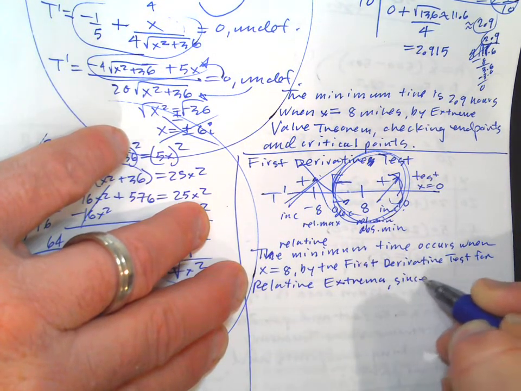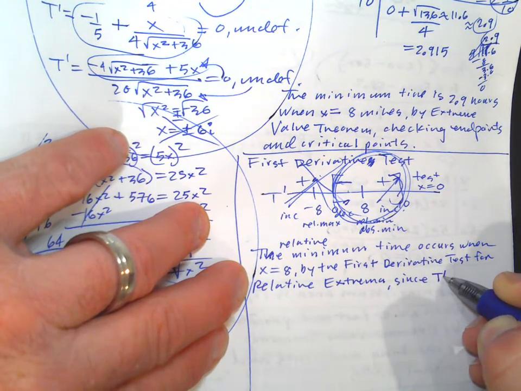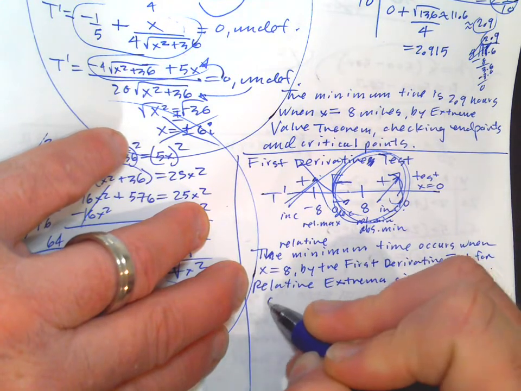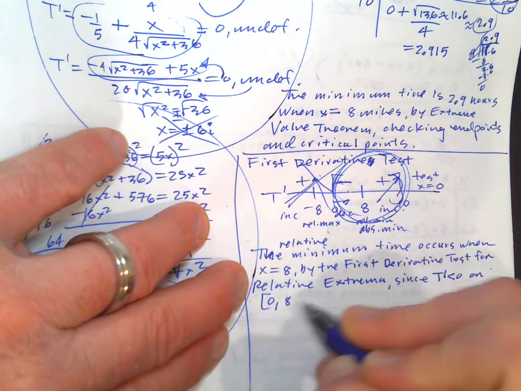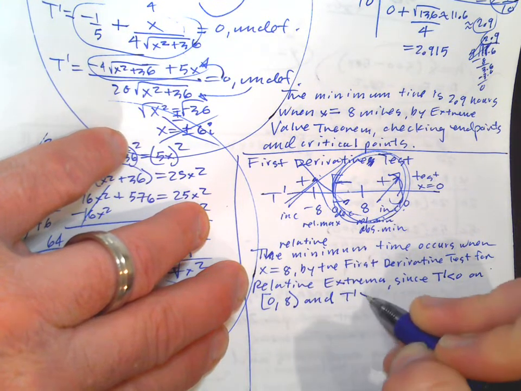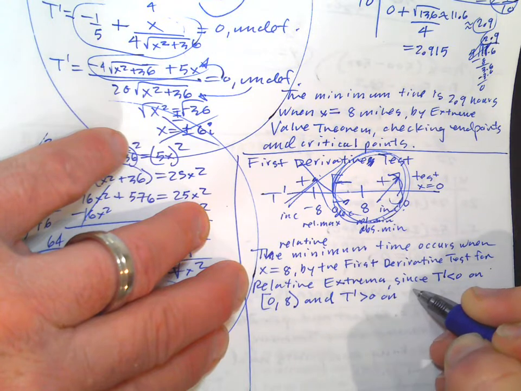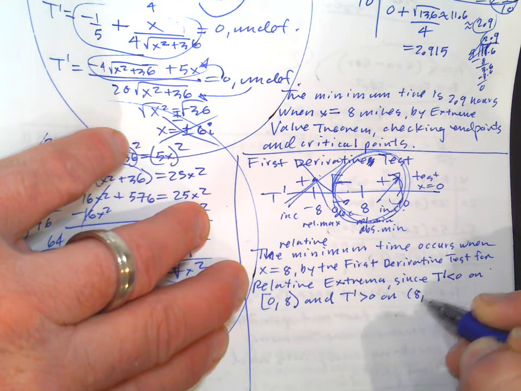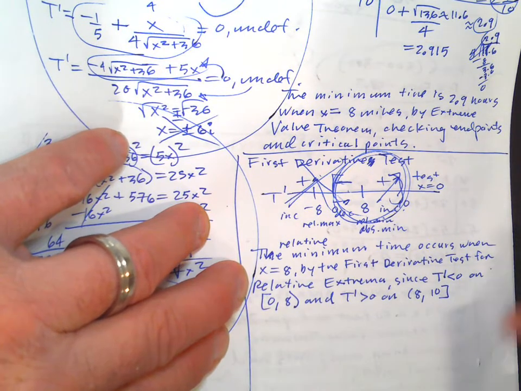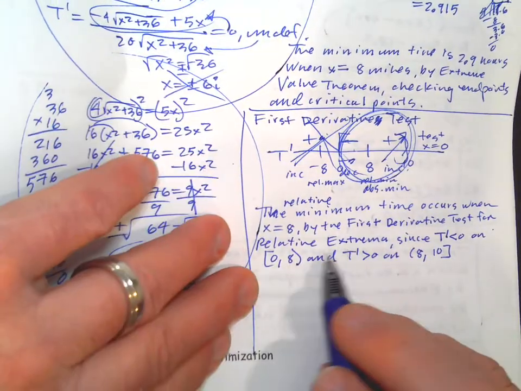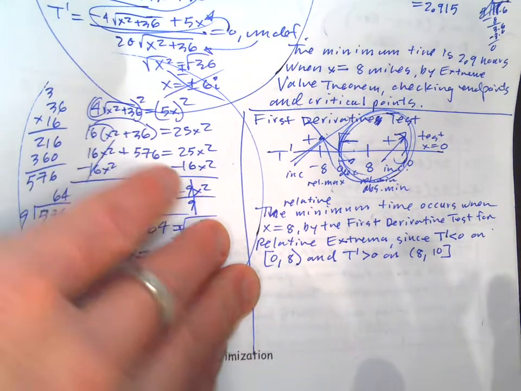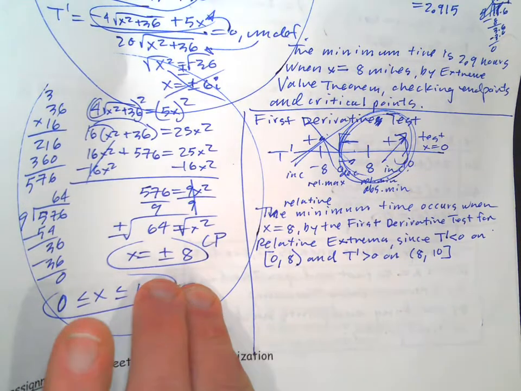Since t prime was negative on 0 to 8 and t prime was positive on 8 to 10, that's why it's a relative minimum, because it's going down, then going up. That just justifies the relative min.